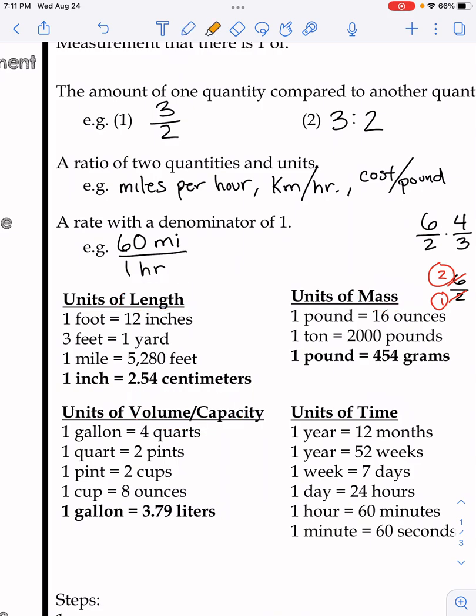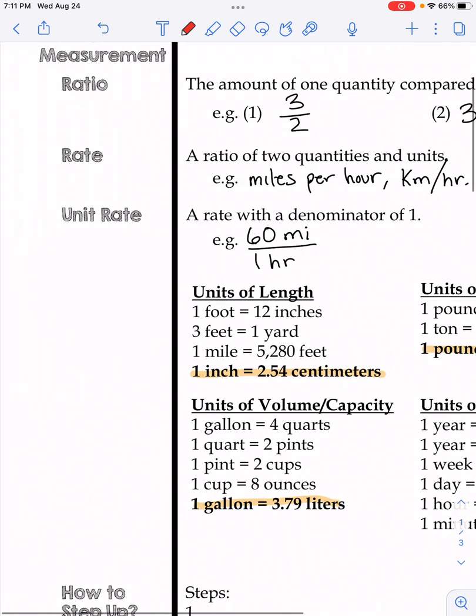is these bolded items here. Now, these bolded items are dealing with two different systems. For the most part, in the US, we deal with the customary system. Hopefully you're familiar with this, maybe from your previous math classes or your science classes, most likely your science class.